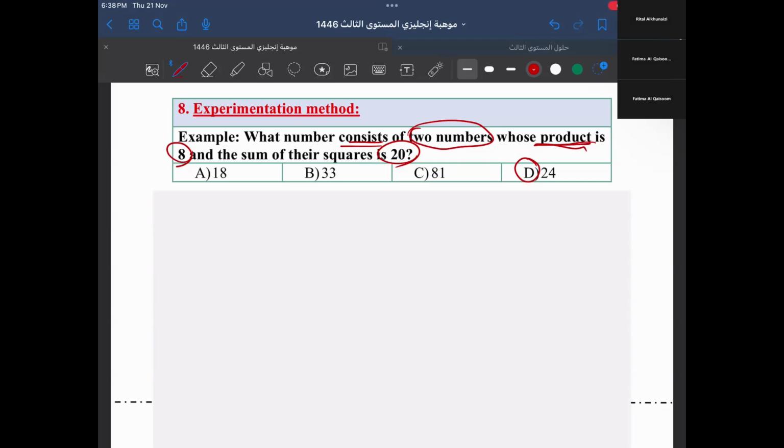They put the two numbers as one number and said to choose which of these consists of those two numbers. So they're not asking about the two numbers, they're asking about the number that consists of those numbers. Okay. So that's why here D will be the answer.